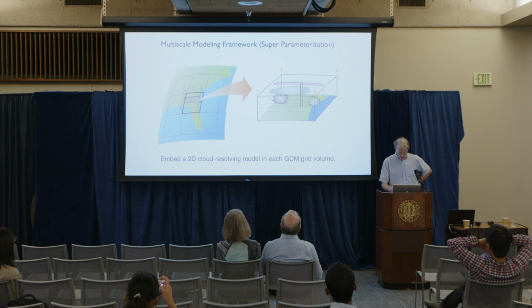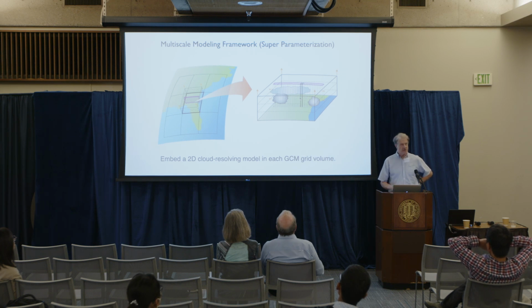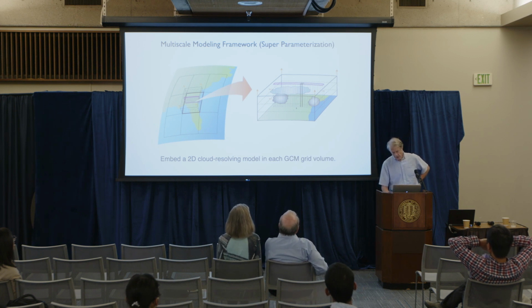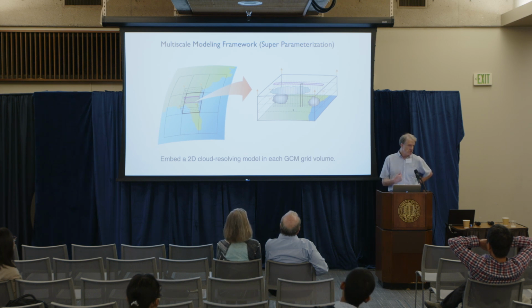This is actually a diagram for the multi-scale modeling framework, but it is exactly what we were doing, just one box at a time. We would have a cloud resolving model that was a sample of this GCM grid box, and we would look at how the given large-scale conditions would control the distribution of clouds, and then how those clouds would feed back to the large scale.